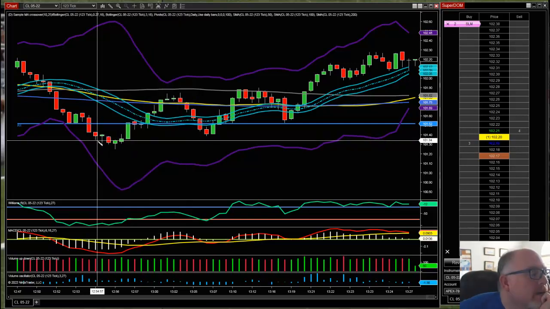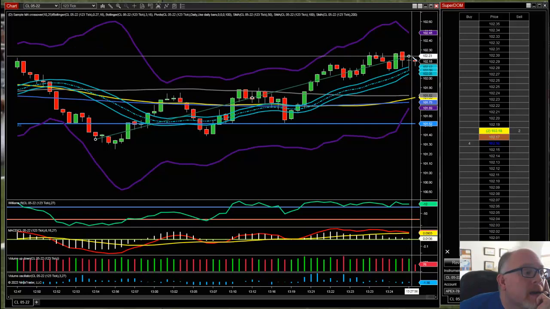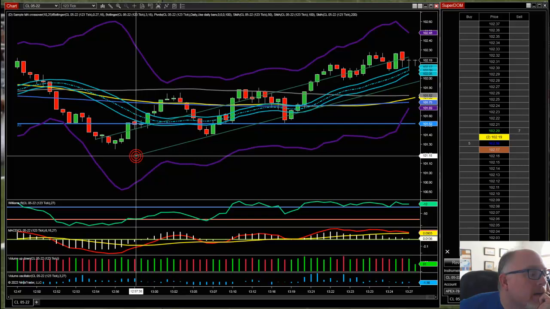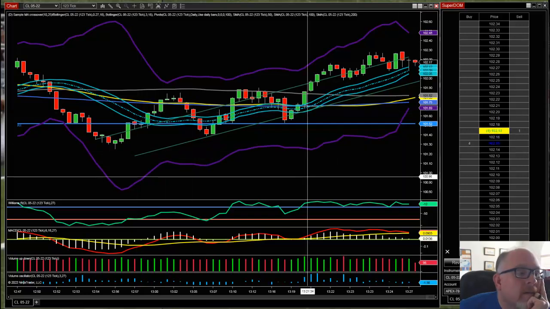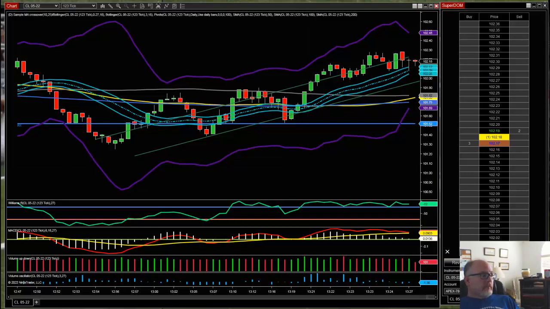Maybe we can get our trade and get out of here. So what I'm looking at right now basically is this. Coming back to the R1 line is our target, roughly.